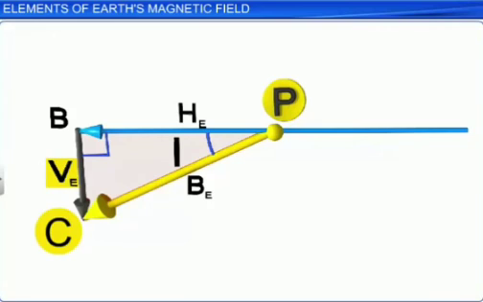We can now write the trigonometric relationships for the sides and the angle in the right-angled triangle.